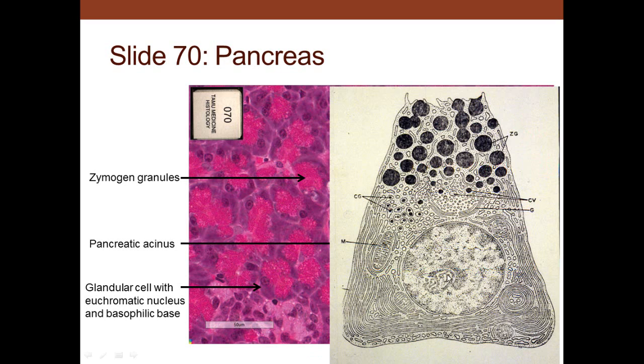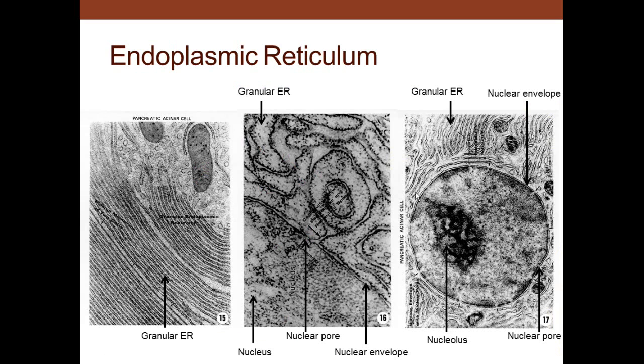That's what we're seeing. There's a nucleus, and then the zymogen granules are the secretions of the cell that we see on its surface. Endoplasmic reticulum is stacks of sheets with ribosomes on its surface. You can see how ribosomes spot the surface of this.